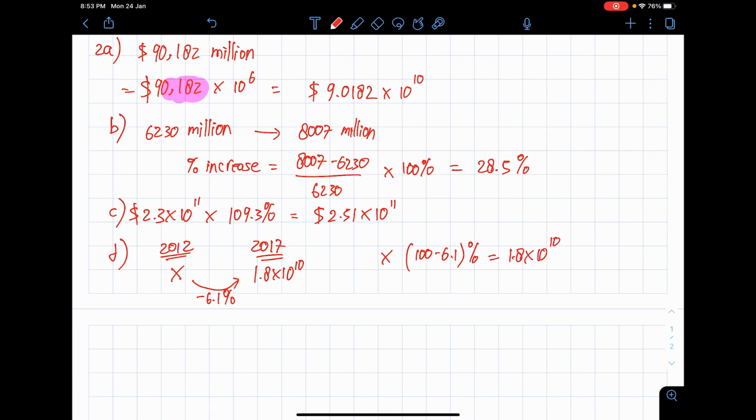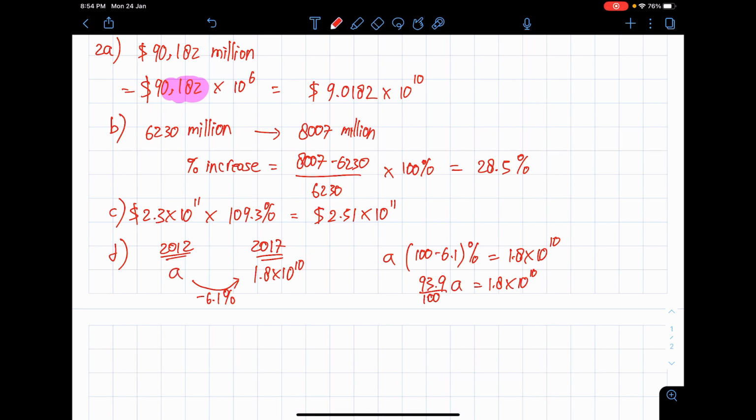So that will be 93.9 over 100. I think it's easier to write it down like this. And then the only thing you need to do, maybe I use another alphabet, A. Let's just say A, like this.